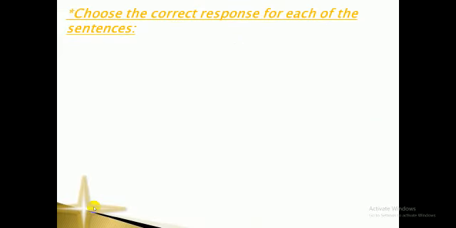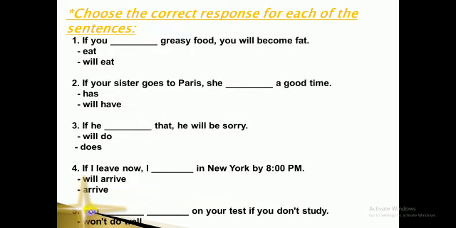Okay, now you have to choose the correct response for each sentence. Okay, if you eat crazy food, you will become fat. If you eat, we have the condition in present simple. If your sister goes to Paris, she will have. Excellent, will have. This is the result clause which should be in future, will have.